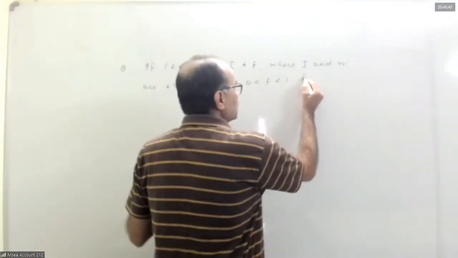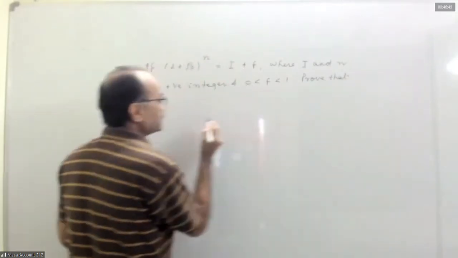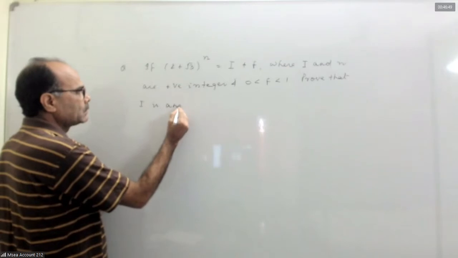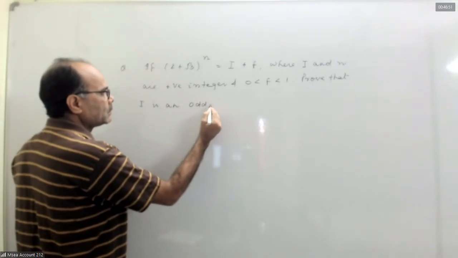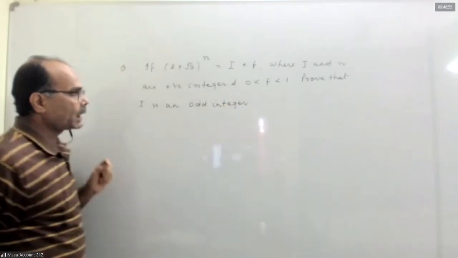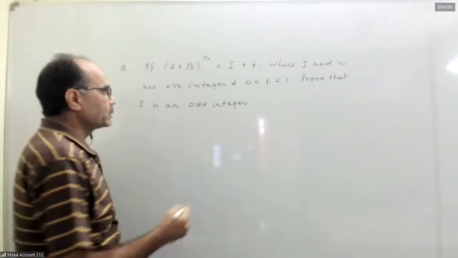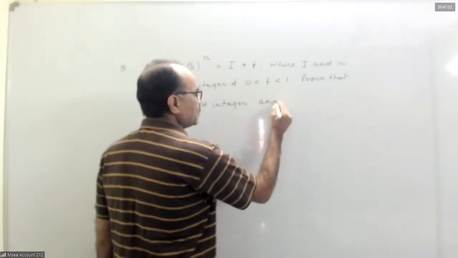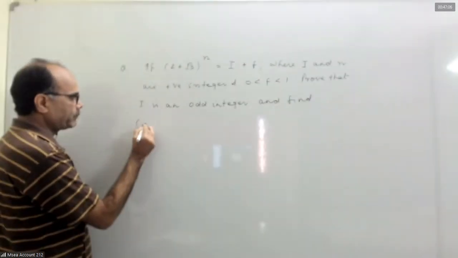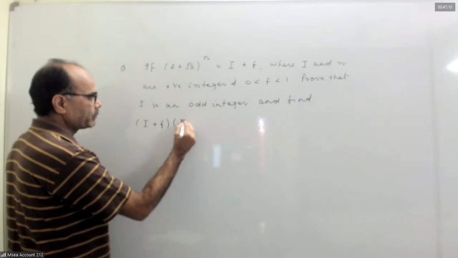Prove that I is an odd integer, and also find this thing: I plus f into I minus f.